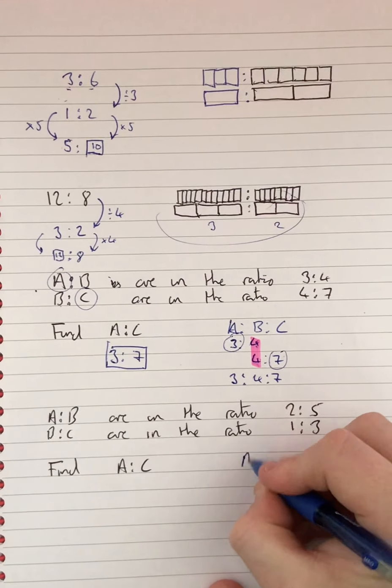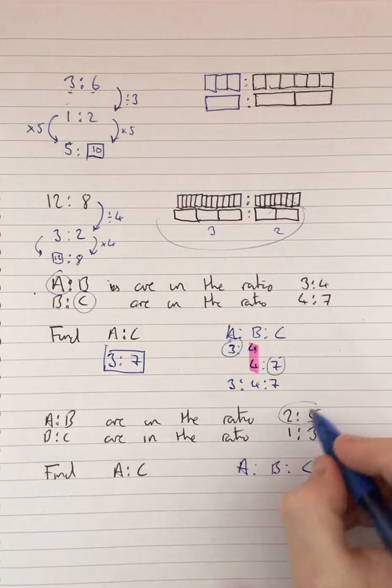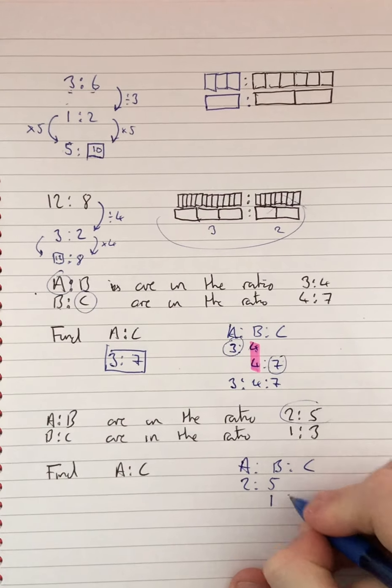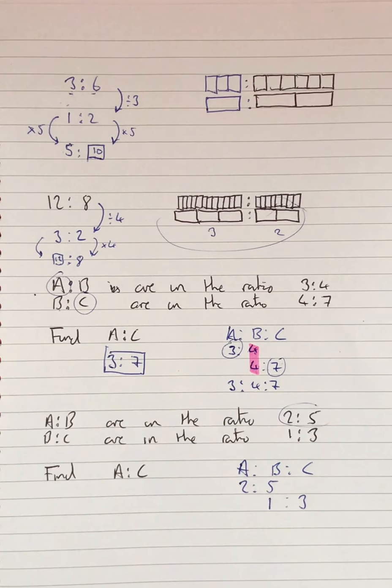So start off by doing exactly the same thing, A to B to C. A to B is 2 to 5. B to C is 1 to 3. We need to change something about this because these are not currently the same. Okay?